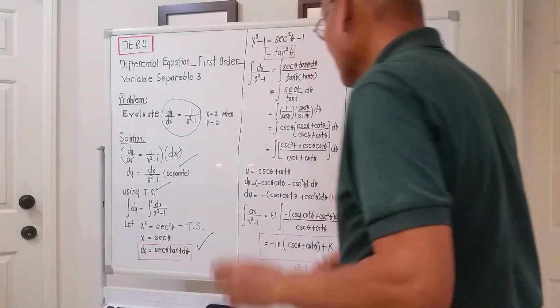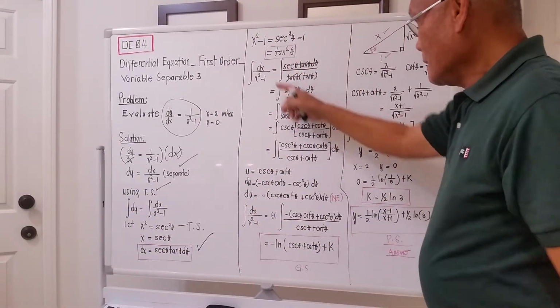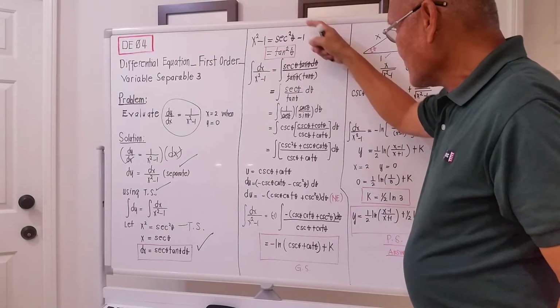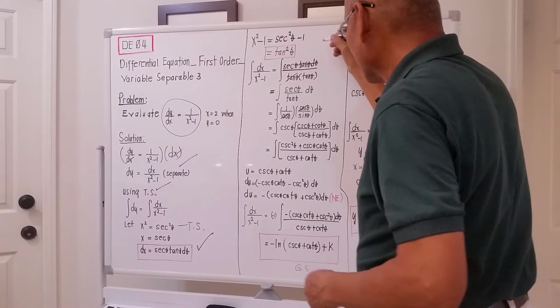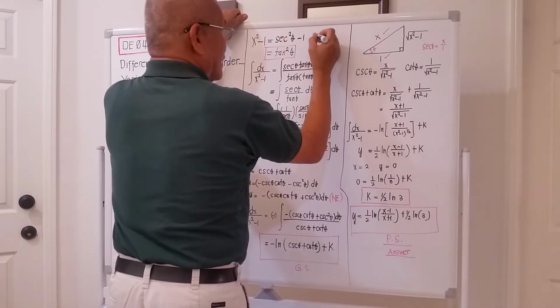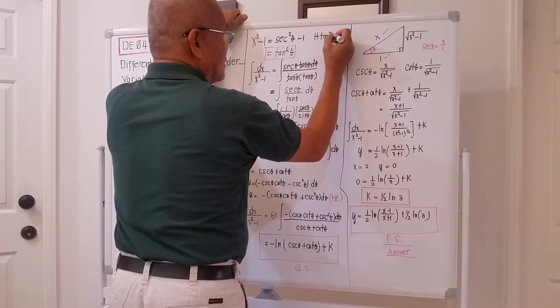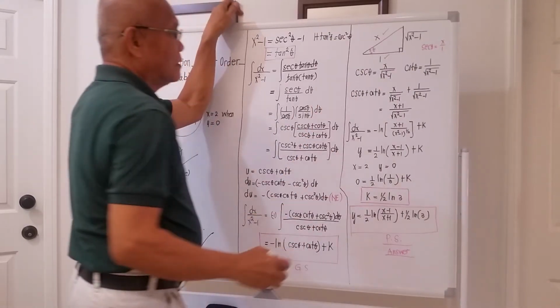Let's compute for the value of x squared minus 1 as a function of theta. x squared minus 1 equal to secant squared of theta minus 1. But we know the identity 1 plus tangent squared of theta equal to secant squared of theta.